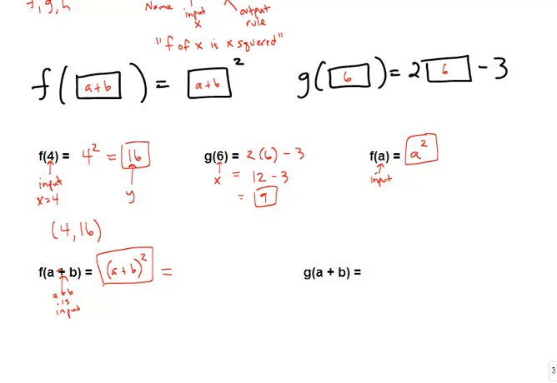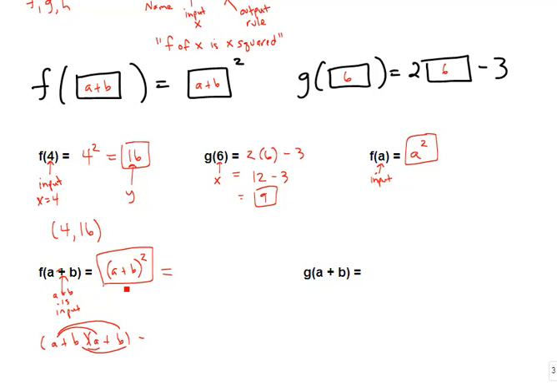And if you remember how to do this from our discussion on foiling, this is like a plus b times a plus b. So the long way would be to FOIL this out, first, outer, inner, last. Or you should remember that there's a pattern for this. This is a square of a binomial pattern.